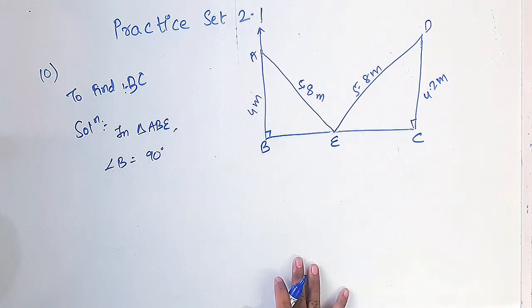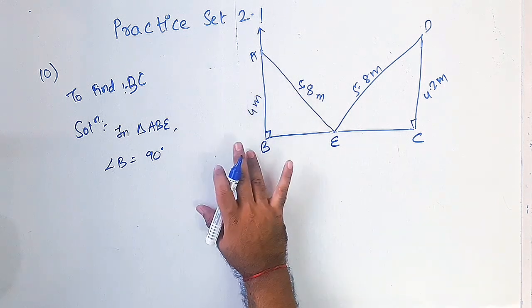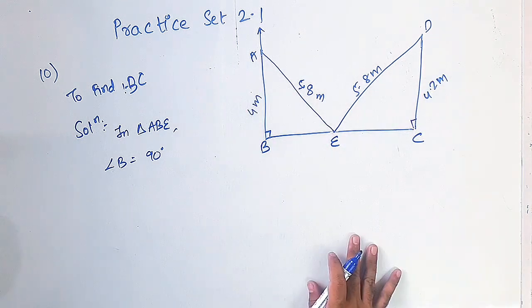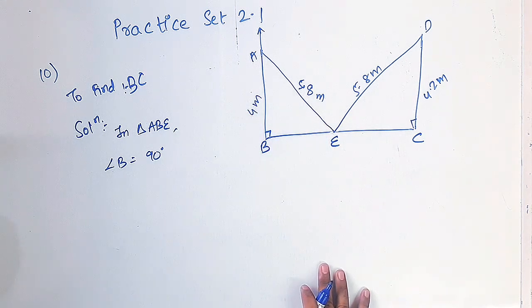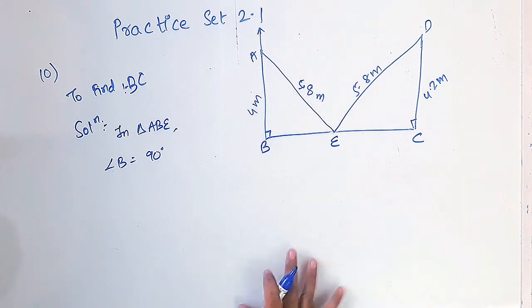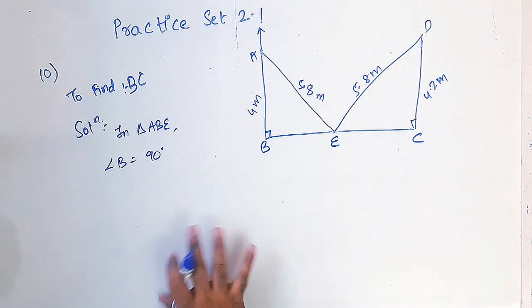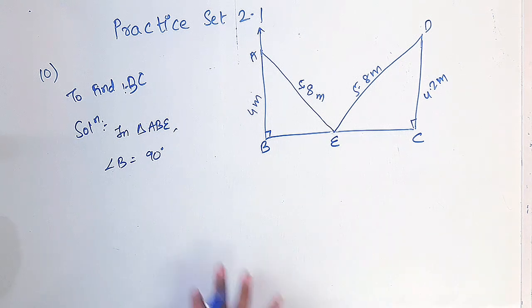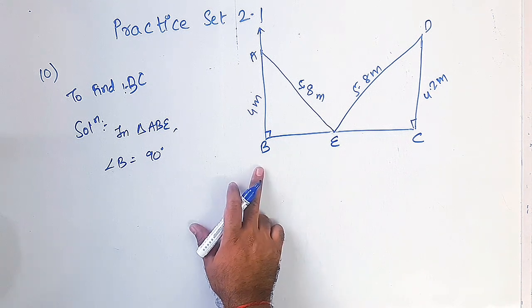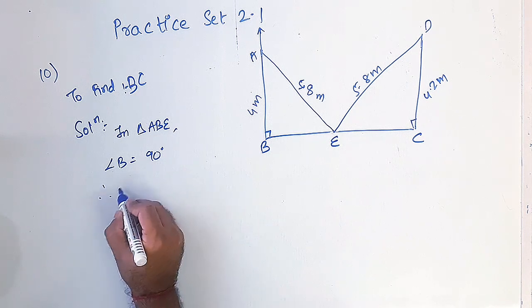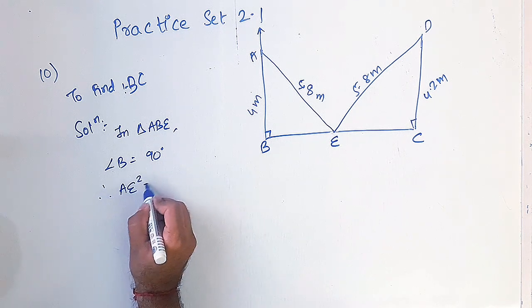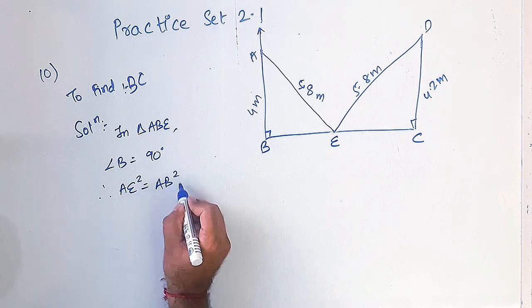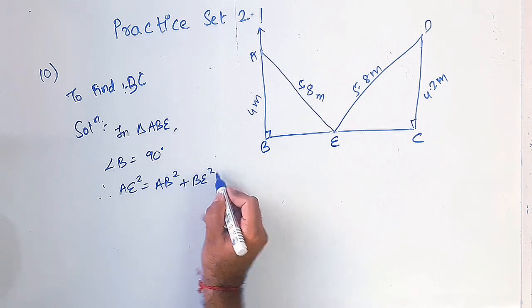You can write those statements, children: let AB and DC be the two buildings, let AE be the ladder, and BC be the street. I am not writing that now due to the constraints of space. Now angle B equals 90 degree, so therefore AE square is equal to AB square plus BE square.